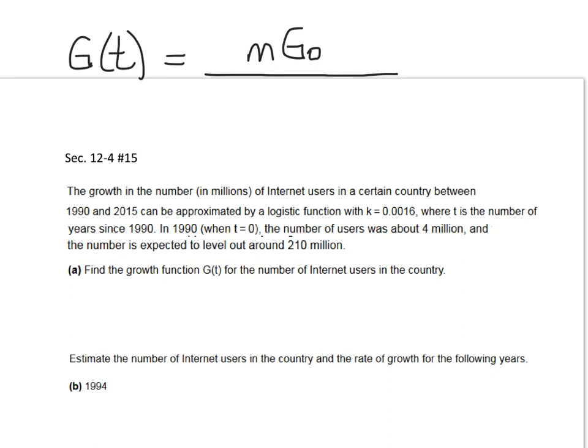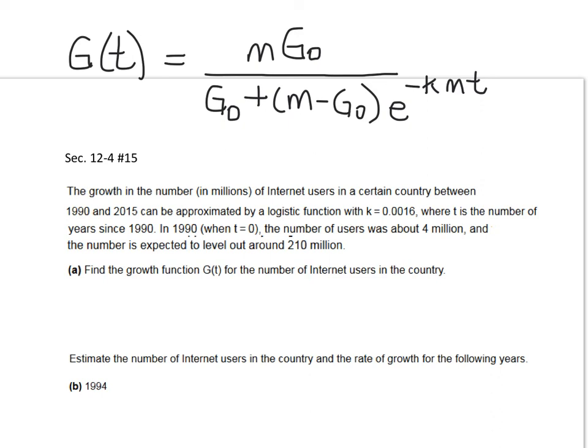And the denominator is g sub 0 plus the difference between m and g sub 0 times e, and the power on e is negative kmt. And in order to fill in this function, we need to figure out what some of these things are.